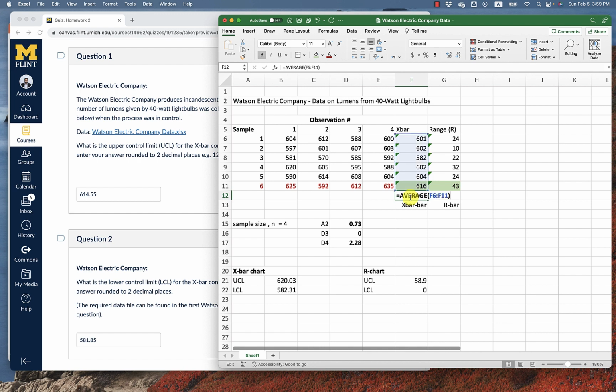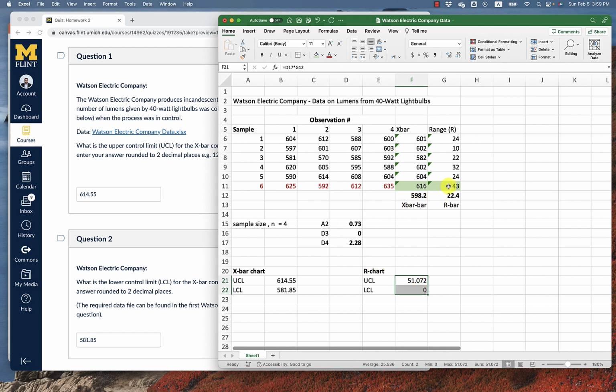So I have to adjust this formula. The X bar bar is not supposed to be affected by the new sample, so this is supposed to go up till here, and this is supposed to go up till the other one too. So these are my control limits.